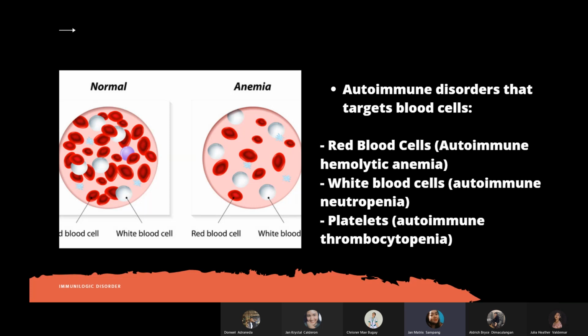And when ALPS attacks platelets, it is called autoimmune thrombocytopenia. It occurs when the body attacks and destroys blood components called platelets. When platelet levels are low, the blood does not clot well, and bleeding cannot be controlled following even minor injuries. Thrombocytopenia can lead to nosebleeds, gum bleeds, and bruises.